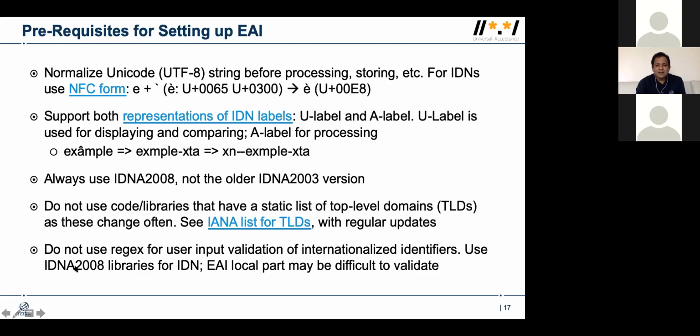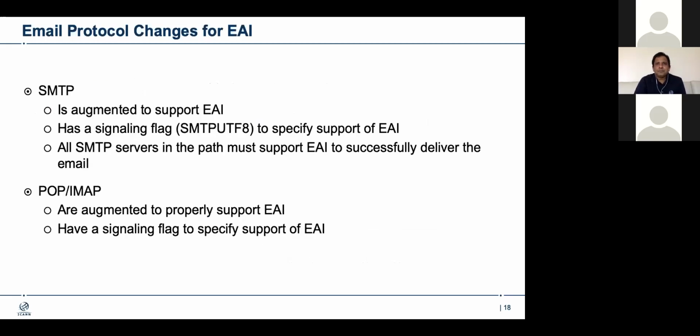And also, as a developer, if you're using some regular expressions, say for input validations, again, use the IDNA 2008 libraries. That is quite important, right? And don't just do parsing without considering these IDNA 2008 libraries. That is important as well. So these are some of the prerequisites in setting up EAI.